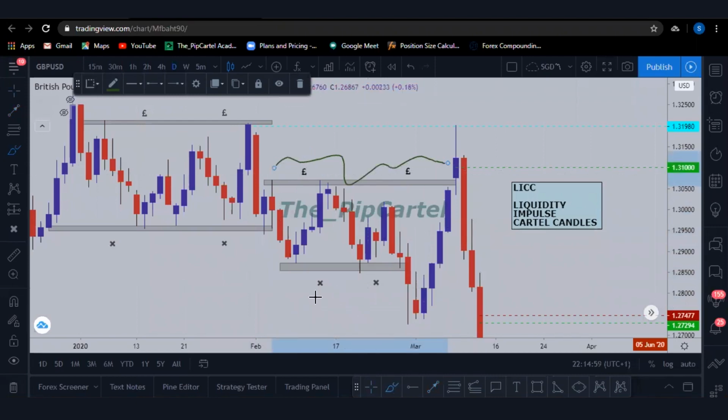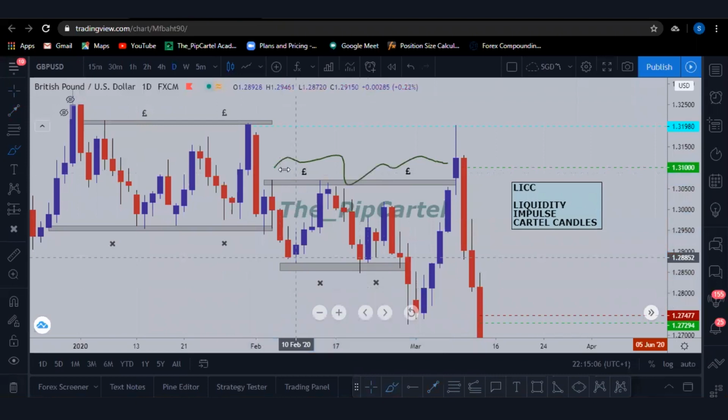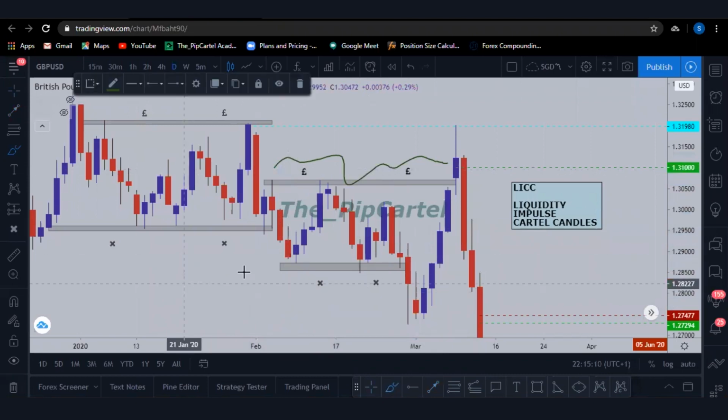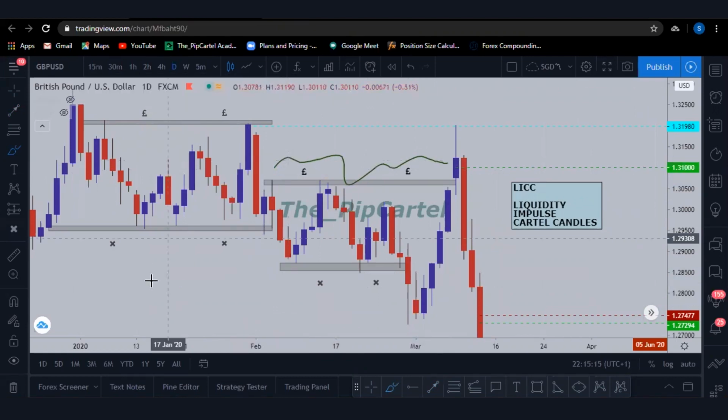What this means is that the institution actually sees what you're doing, because these are obvious levels. They know where your stop losses are, and you can't move the market in any direction until you take some people out.